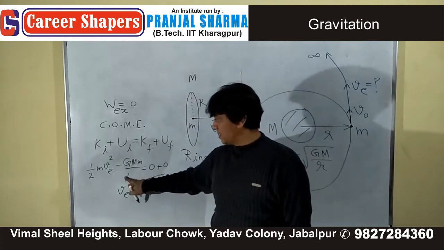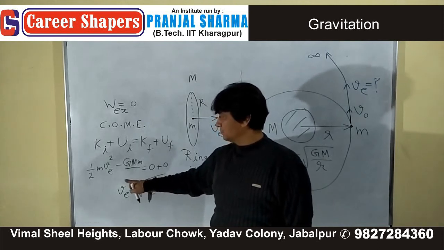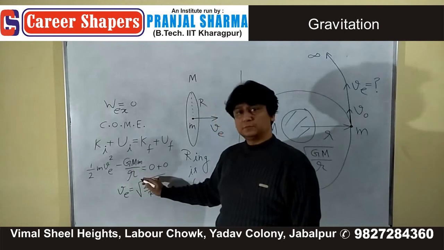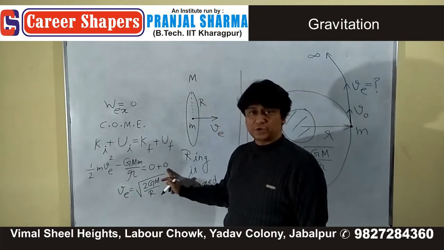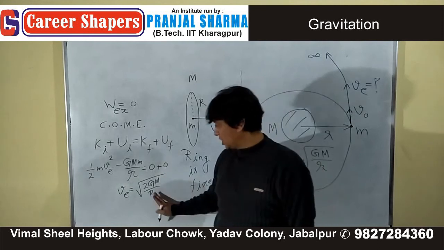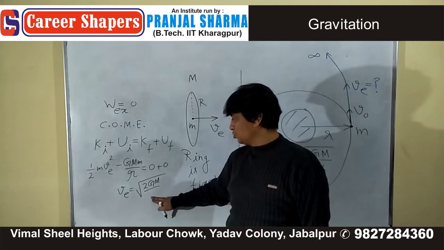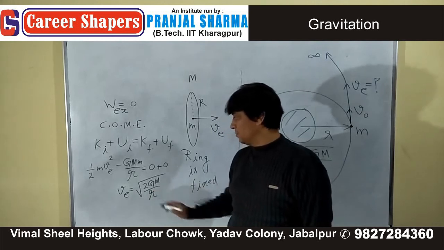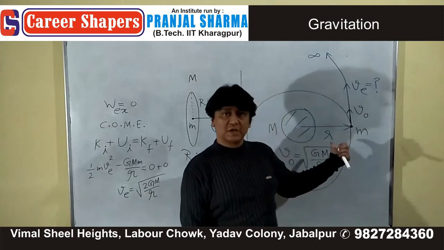Minus of GMm divided by r. And when it reaches infinity, they both become what? Zero. That gives you V, which is coming as root over 2GM by r. That's your escape velocity for this satellite.